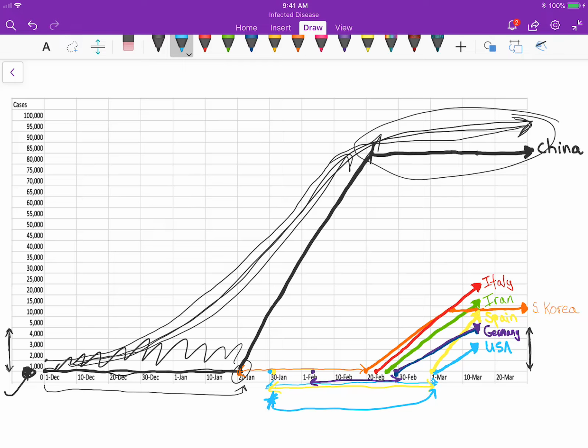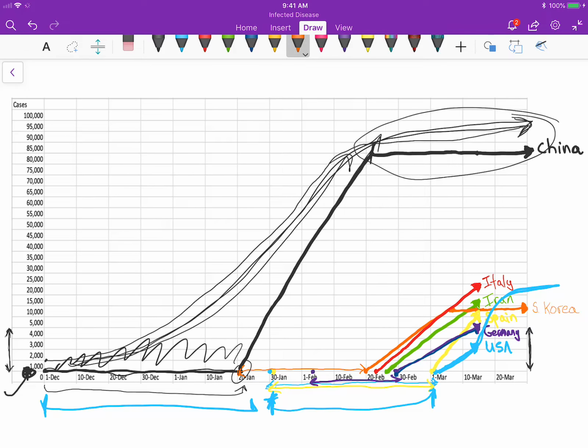So if China had this much time and USA had about this much time, how much do we expect this USA curve to change before we level off? Now, look at South Korea, because South Korea is the only country that has been able to effectively reduce the number of cases per day and contain this.